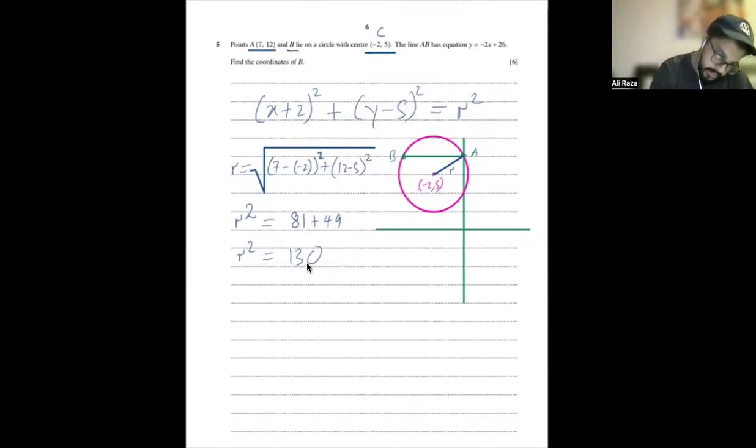Now the equation of the circle I have is x plus 2 whole square plus y minus 5 whole square is equal to 130.